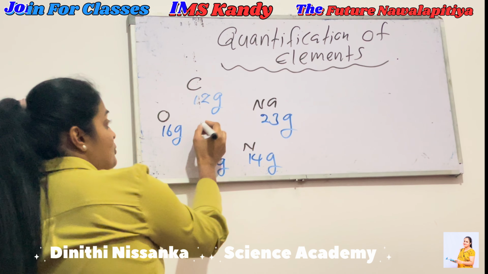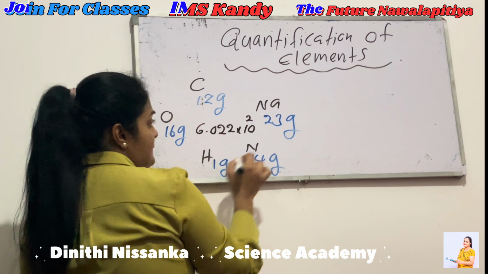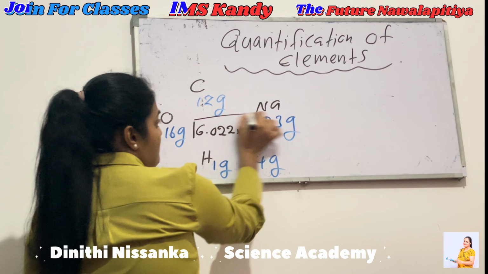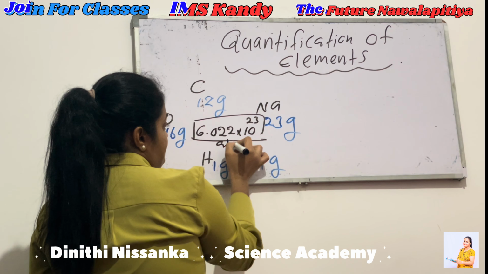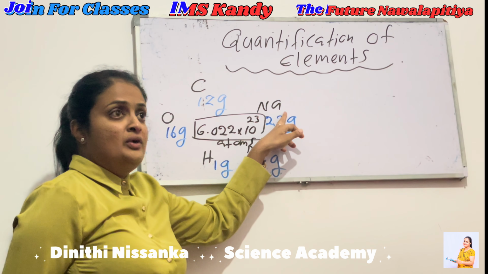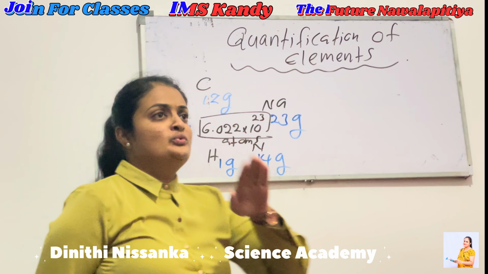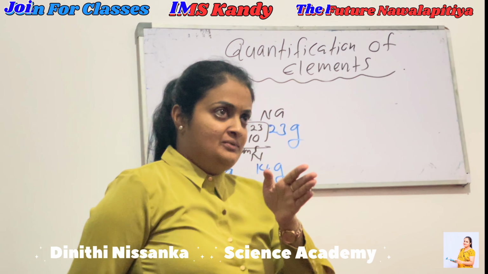For example, the value is 6.022 into 10 to the power 23 number of atoms. That means 23 grams of sodium consist of 6.022 into 10 to the power 23 sodium atoms, right?